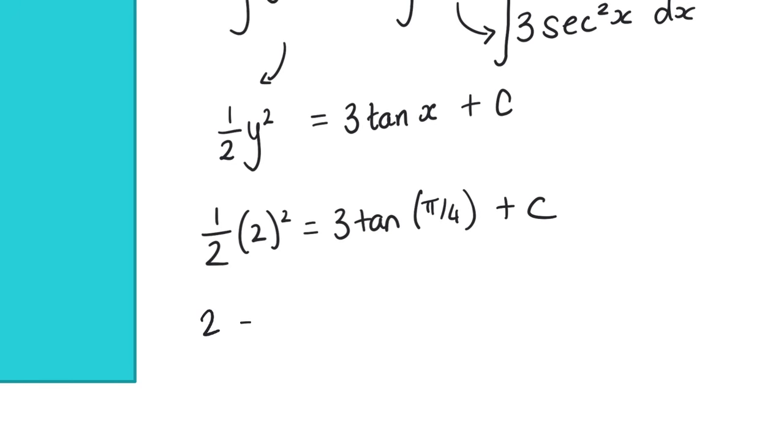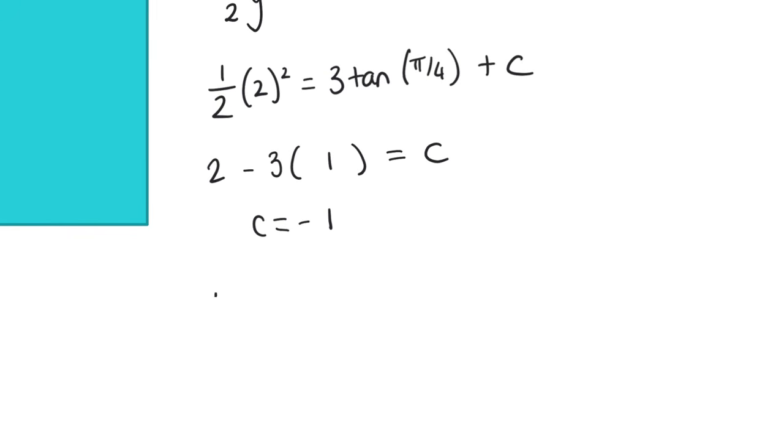What is tan of pi over 4? 1. So 2 minus 3 equals c, so c equals -1. So now that c equals -1, we know that a half y squared equals 3 tan x plus c, but our c is -1.